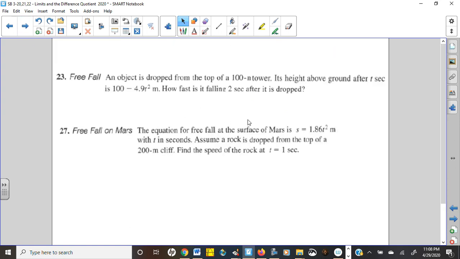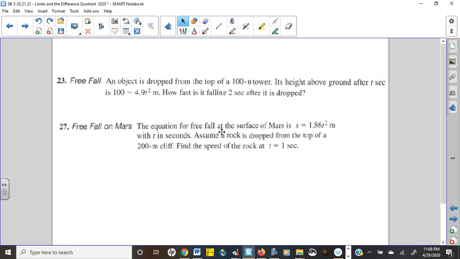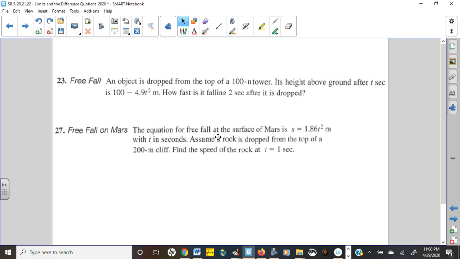All right. I'm just pointing out a couple homework problems you'll be working on tonight, 23 and 27. And notice how they both start with a height. This one starts at a 100-foot tower. This one starts at a 200-meter cliff. And then this one just gives you the function right out. Okay. But this one gives you the free fall equation, the gravitational equation, and you have to put those together.